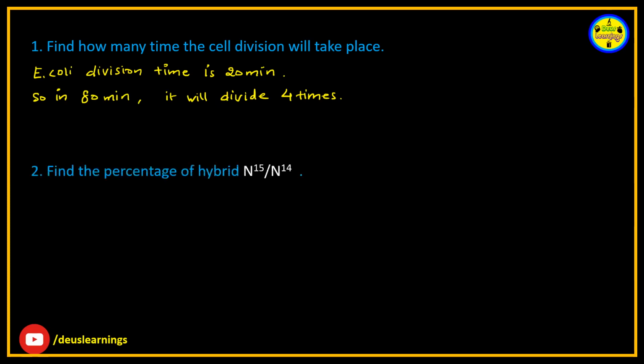Okay, then next try to find the percentage of hybrid strand. Okay, I'm not finding the percentage of the heavy strand because once the division occurs, from the first generation itself we will find that there is no heavy strand. Okay, because they follow the semi-conservative nature.